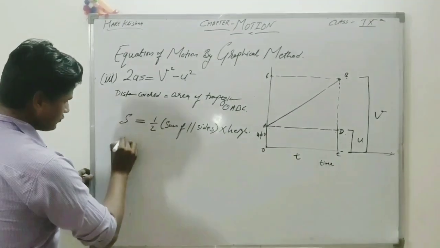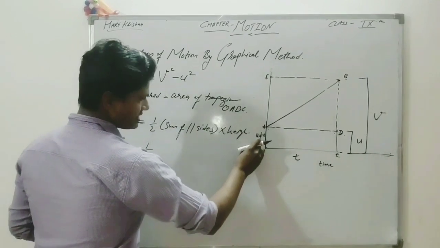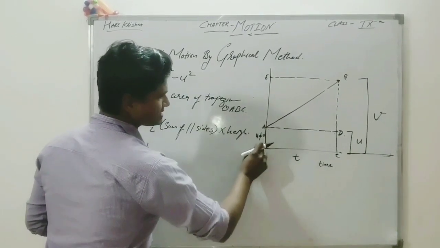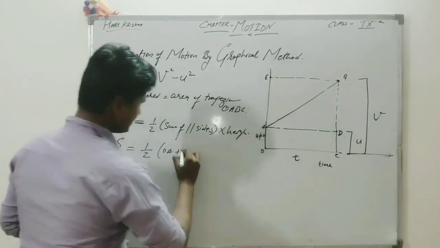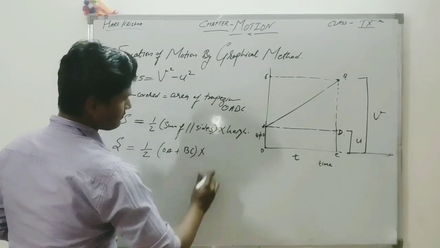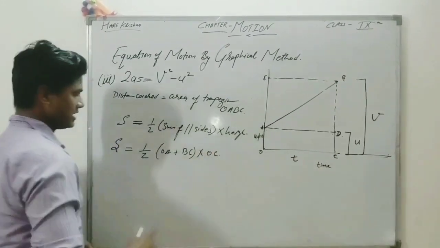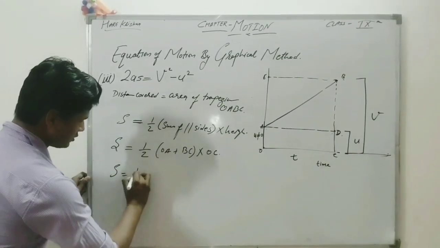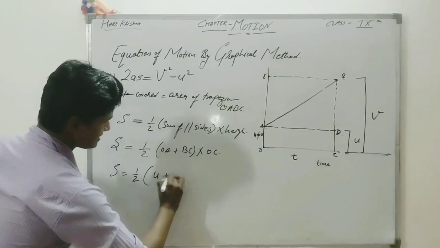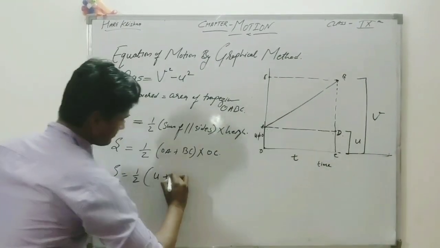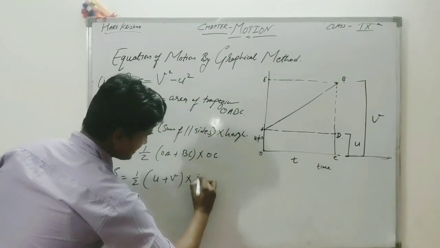If we put the value, we get half. Here the sum of parallel sides, according to the graph there are two parallel sides, OA plus BC, and in this trapezium the height is OC. If we put their values, we get half. OA is U plus BC is V, that is the final velocity, into OC is on T line, that is time.